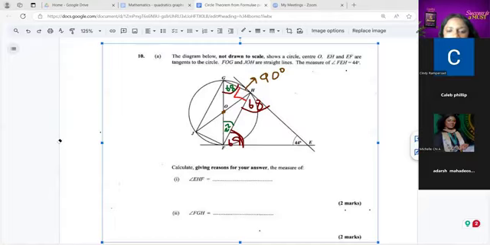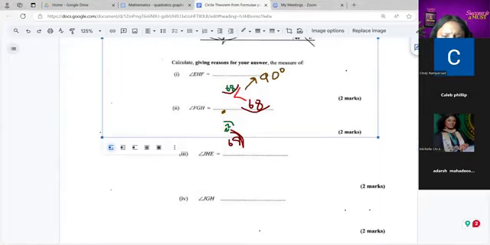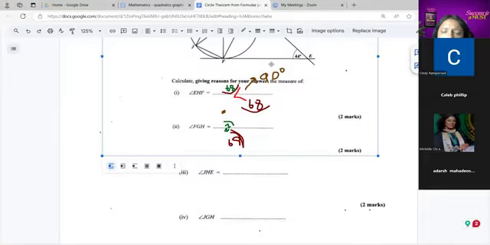I'll just write them on the side so I don't have to keep shifting around the diagram.